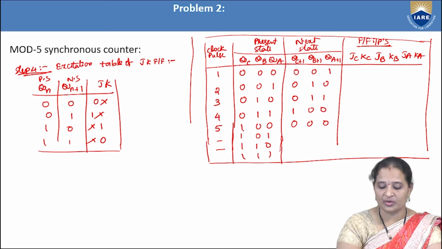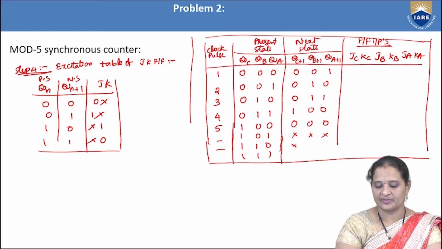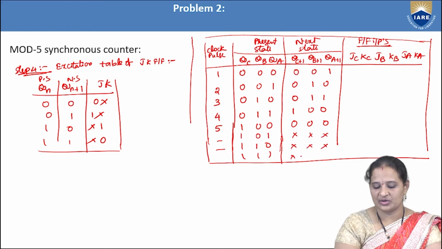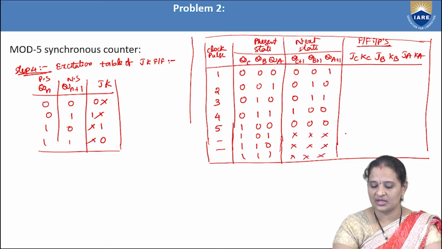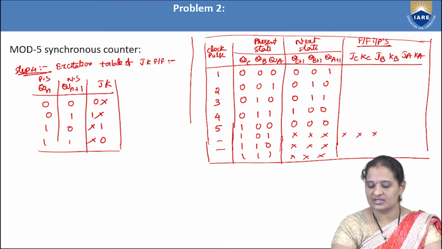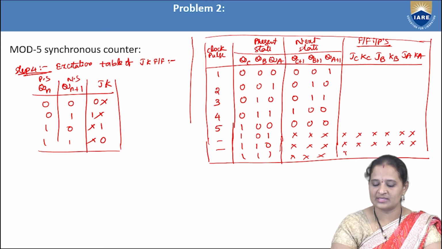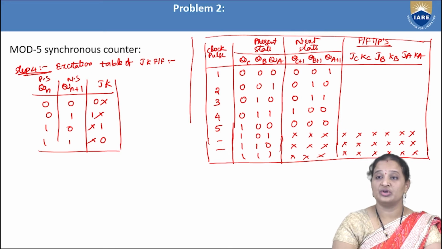It can only count up to 100. After 100, it will again go back to 000. That means these will be considered as don't cares. If these are don't cares, then we can also consider the inputs of the flip-flops as don't cares, as I'm not using these 3 states.